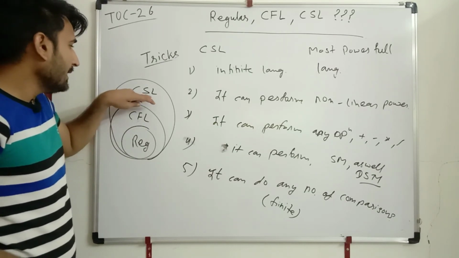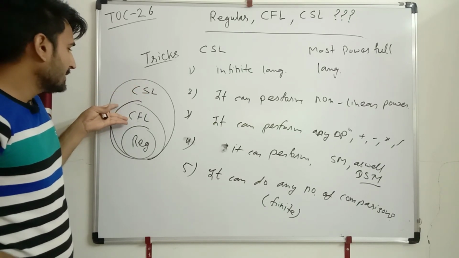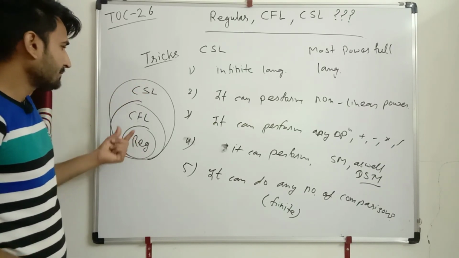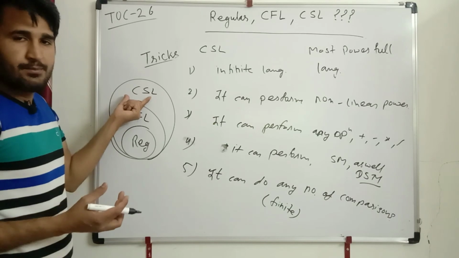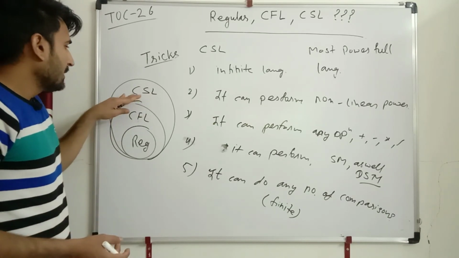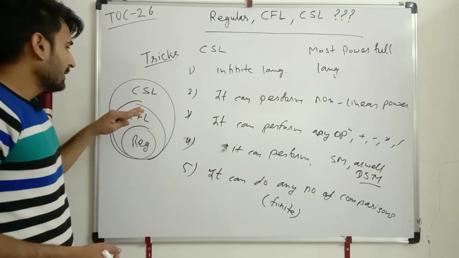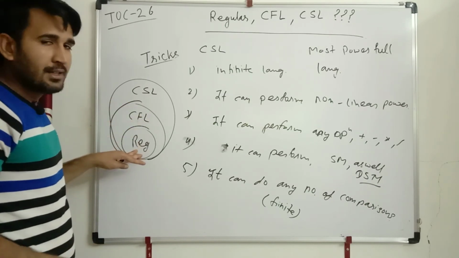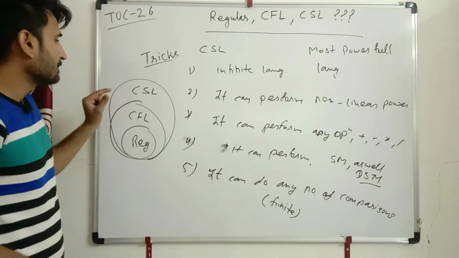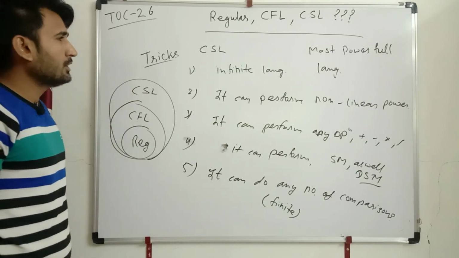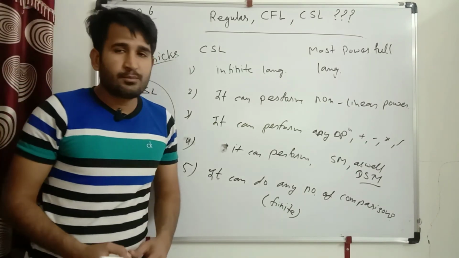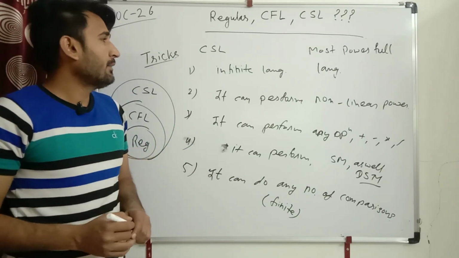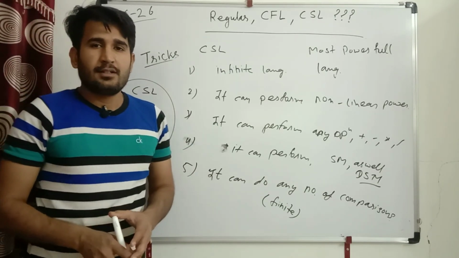Okay, every CSL can't be CFL or regular. Listen carefully. Okay, some CSL can be CFL or regular. Okay, please note down all the points. I hope you all got all the points I have discussed.